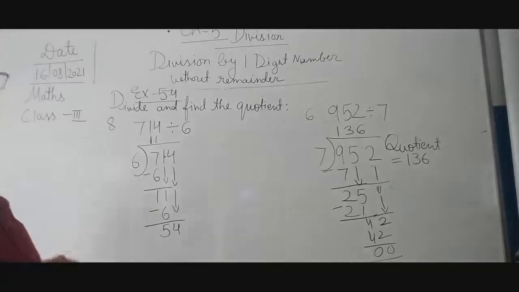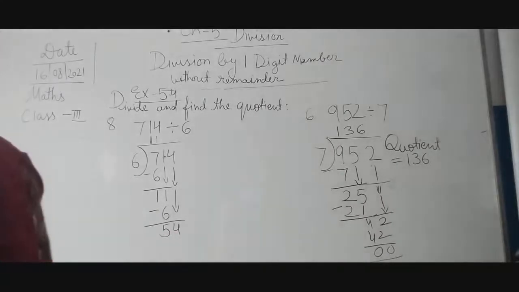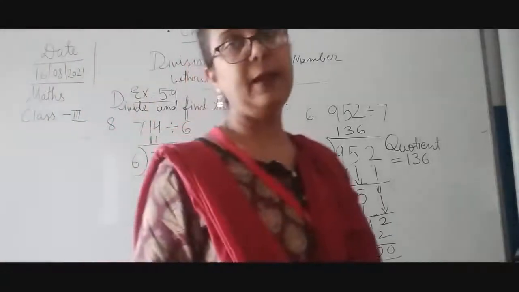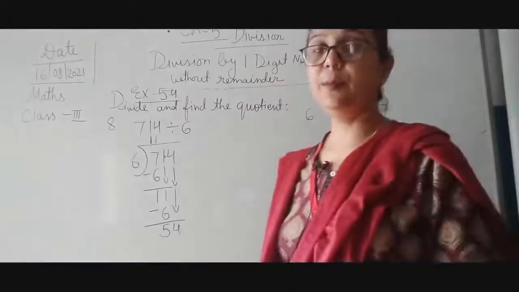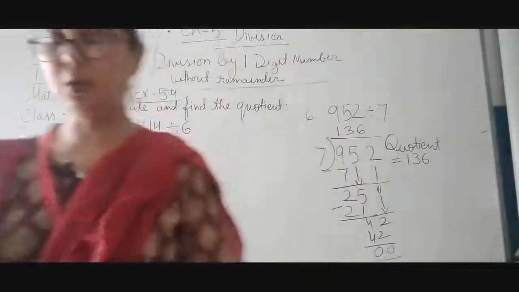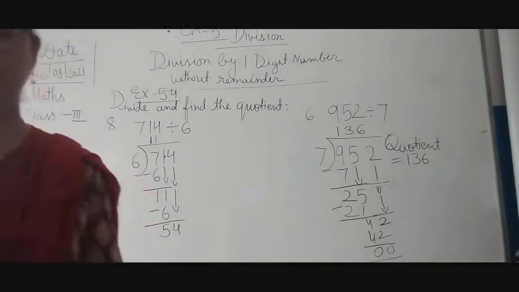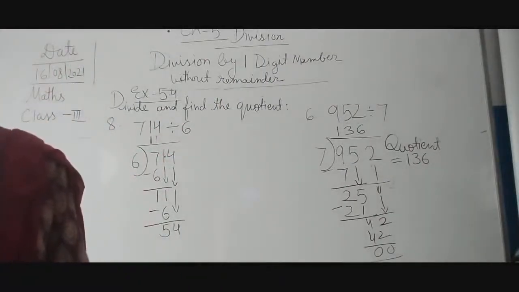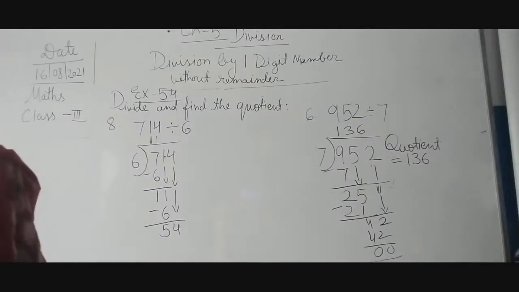So we will tell the table of 6 again, this time to see how many times 54 will come.